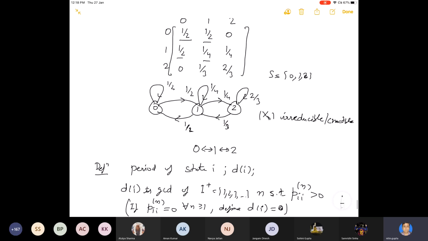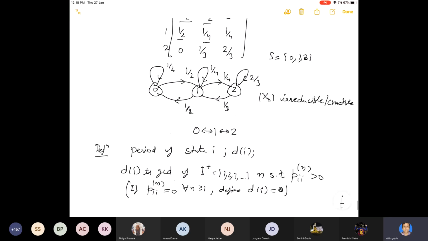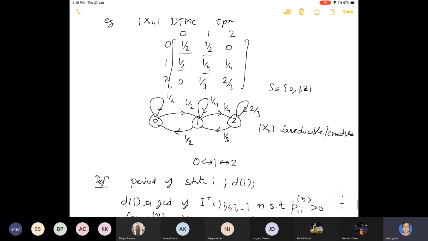So let us take this previous example. Here for state 0, we want to find the period. This is the greatest common divisor such that p_0^(n) is positive. 0 to 0 in one step we can go, yes, with probability half. In two steps, yes, also: I can remain in 0 and then remain in 0, or I can go to 1 then come back.